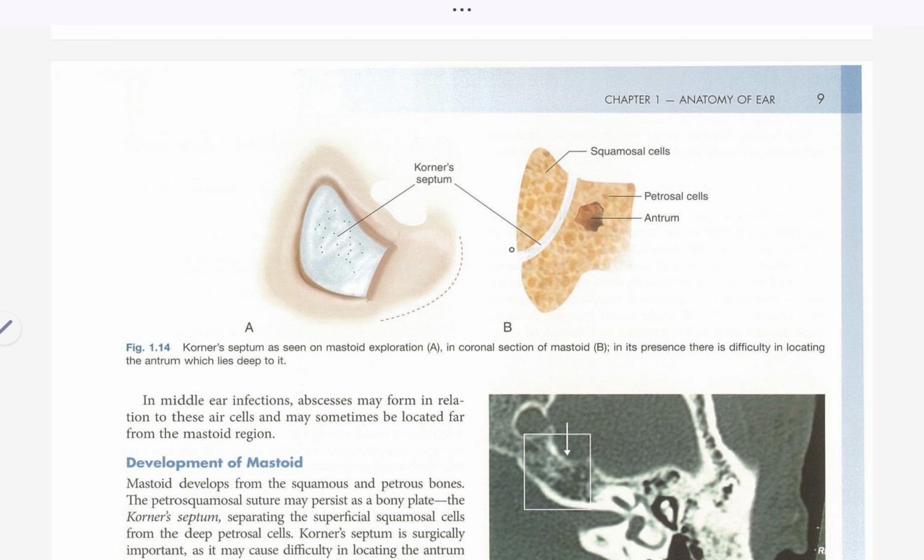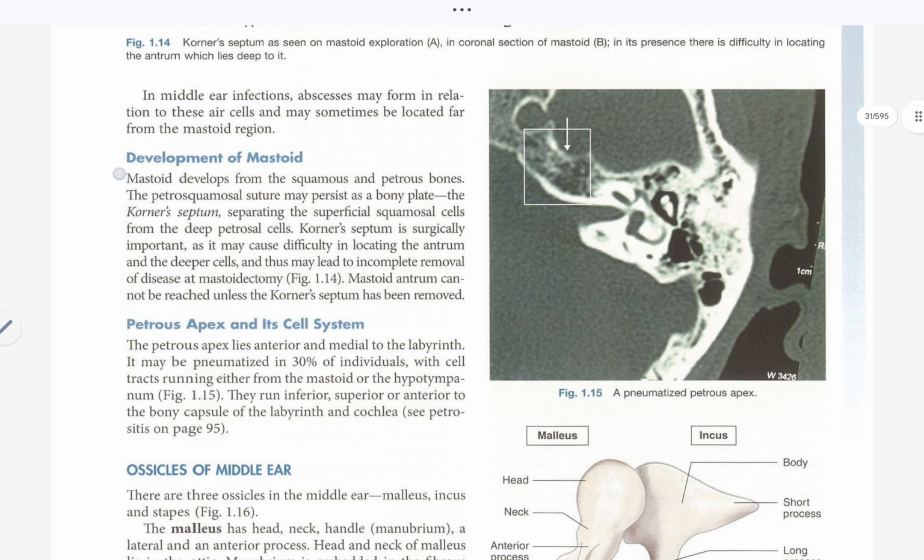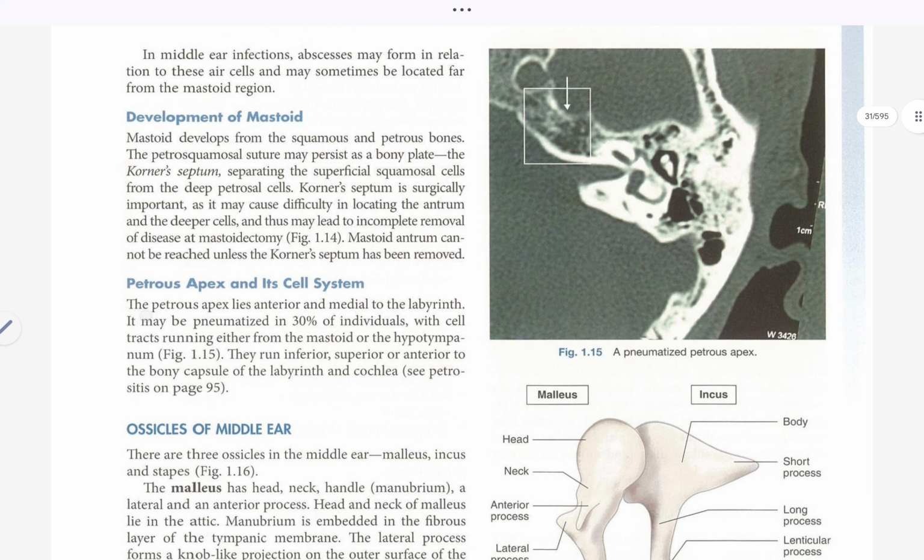So this is a squamosal cell, petrous cells, and antrum. This is a pneumatized petrous apex. In middle ear infections, abscesses may form in relation to these air cells and may sometimes be located far from the mastoid region.